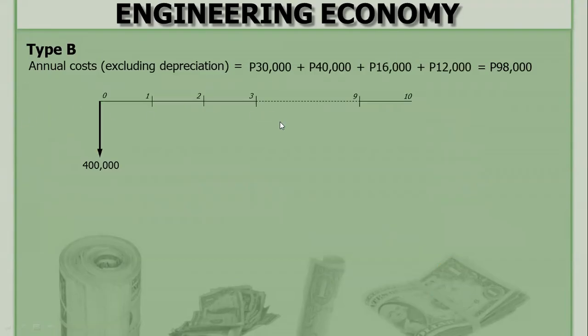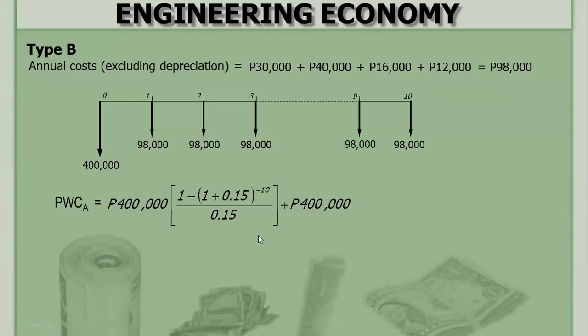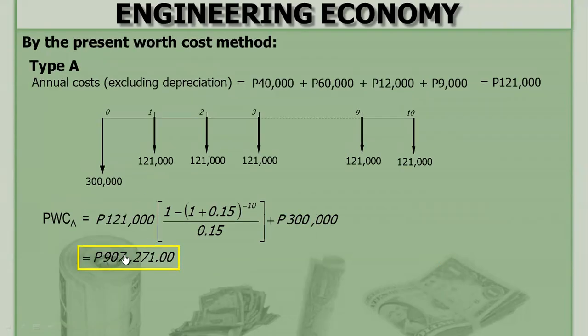And then the cash flow diagram: initial investment 400, and then annual cost of 98,000. The present worth of the annuity plus first cost is 891. So for type B, the present worth cost is 891. For type A it is 907.